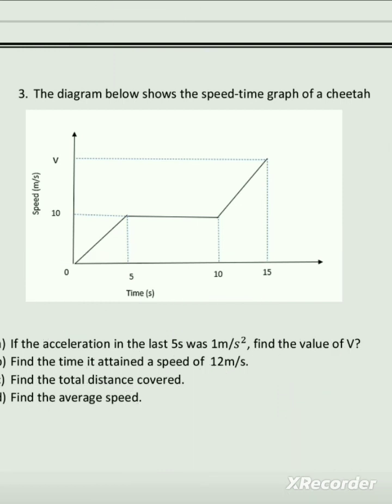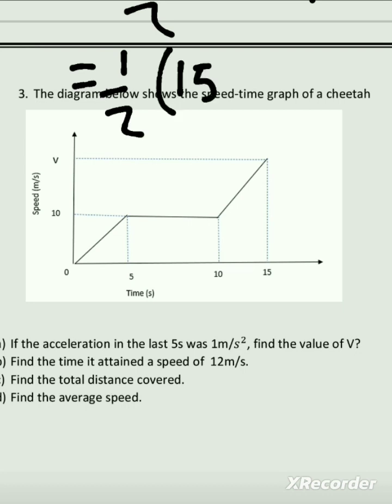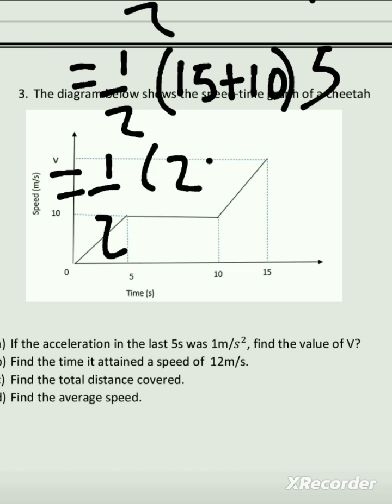I'll start from here. Half (A plus B) H. Half, A is 15 plus B is 10, H is 5. So it's going to be half, 15 plus 10, 25. This is where I'd made a mistake.